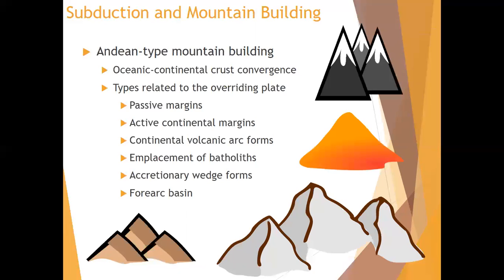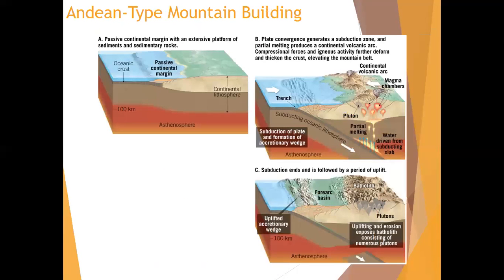Accretionary wedges can form on the subducting plate. They will then be brought in, and that will be like an island arc being brought in, but it is not quite the same structure. And that's what we see here. So you have a subducting plate, the continental lithosphere is next to it. As your oceanic plate subducts, it's going to create a lot of magmatic activity, which is going to create the structuring of mountain building.